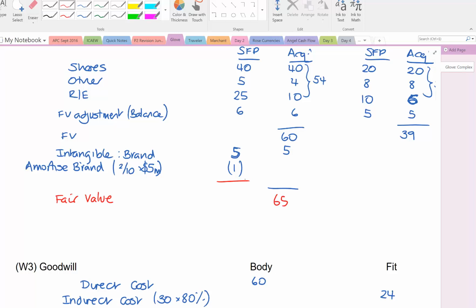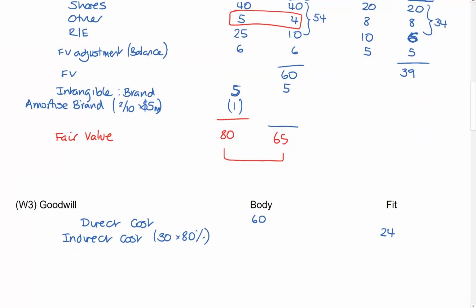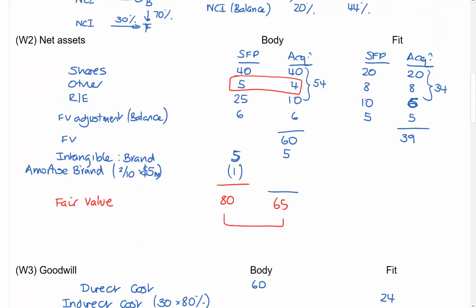So the fair value of all of our net assets at the acquisition date was 65. That value is now 80. We've got an increase of 15, but I'm going to split that increase, and say that it's going to be an increase of 1 for other reserves, because other reserves have increased from 4 to 5.